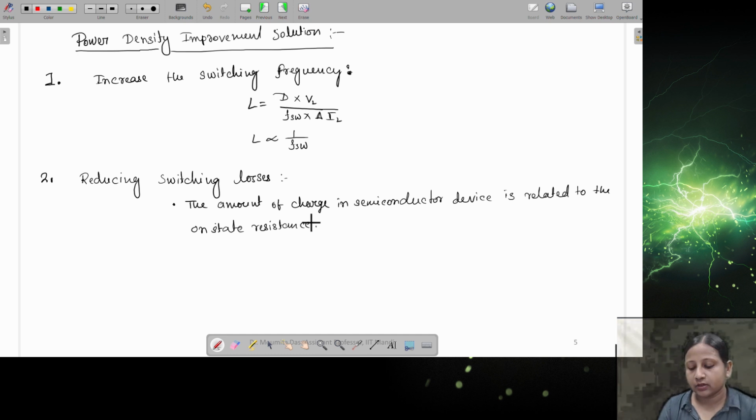Now somehow if we can reduce this on-state resistance, then that can be reduced.